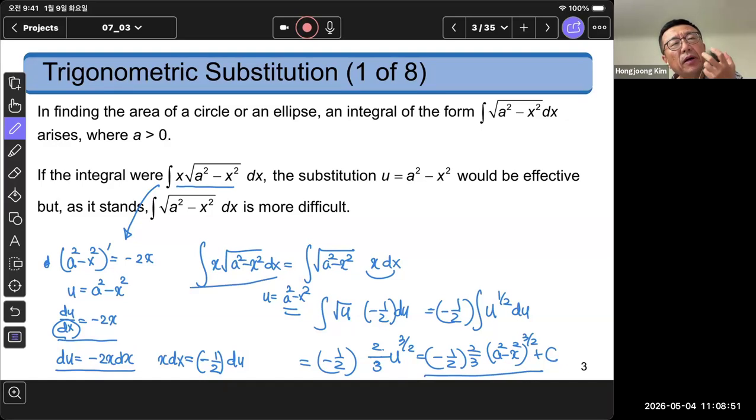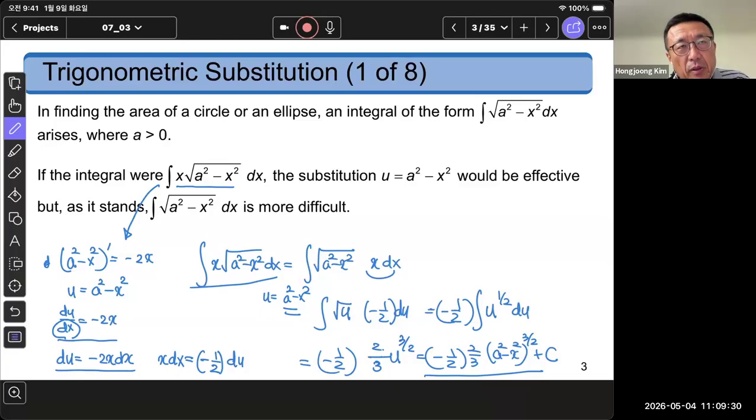So if I have this x in front of the square root of a squared minus x squared, then the integration is quite doable. I mean, we can do this calculation, right? The problem is complicated when you do not have x, but just the square root of a squared minus x squared. In that case, the substitution of a squared minus x squared by u cannot help.